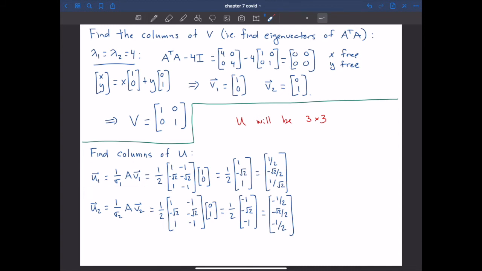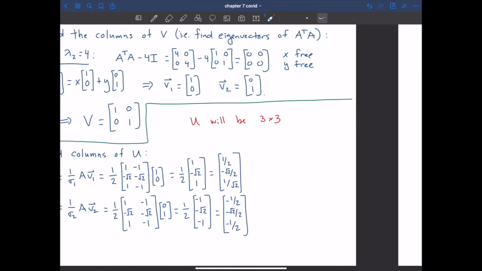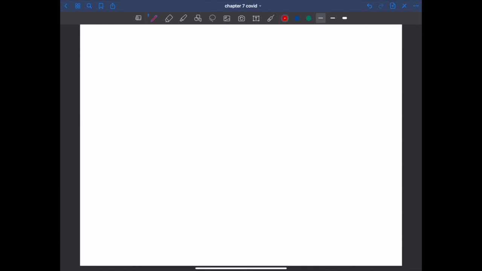Now we have to just find a third vector that's orthogonal to the 2 vectors we already have. This is where we have to resort to some techniques and tricks we've seen before. Ultimately, we just need to find a third vector that's orthogonal to U1 and orthogonal to U2. Let's make a note of what we need here.